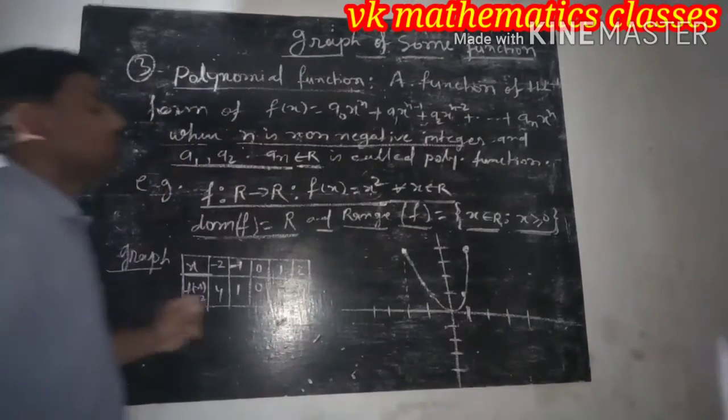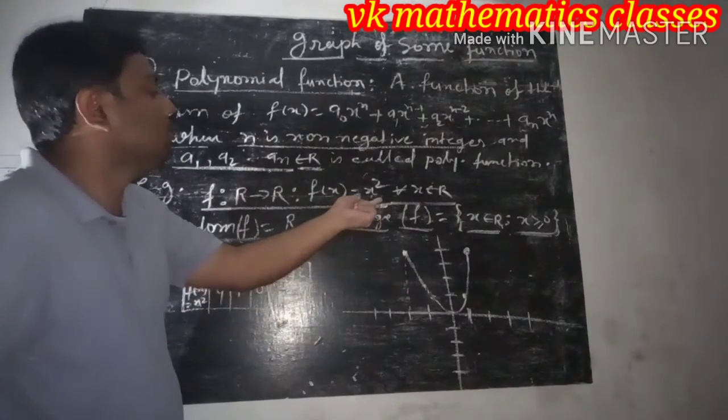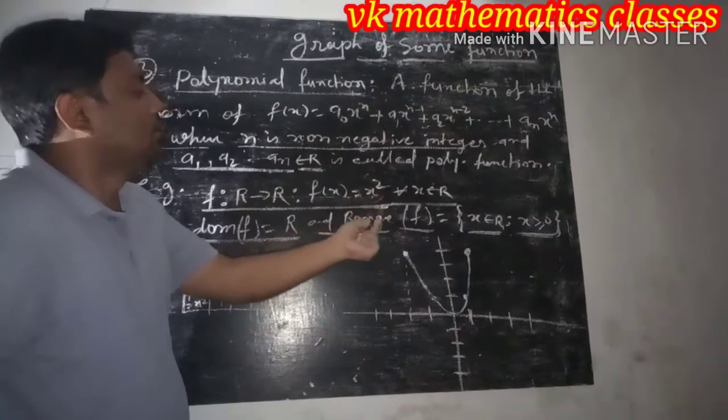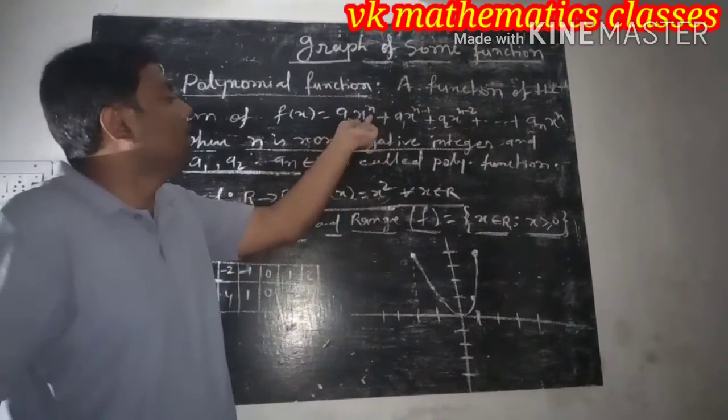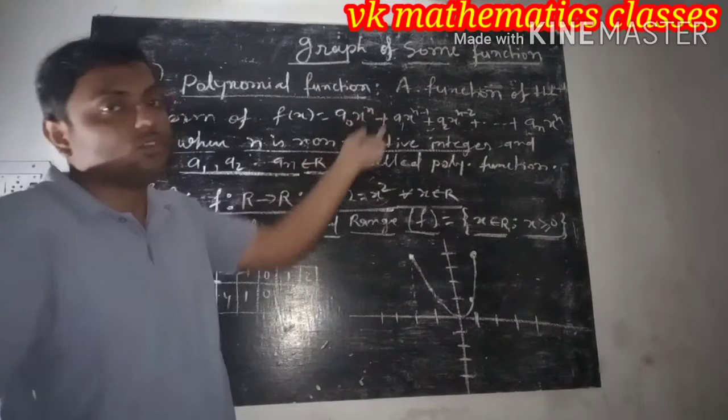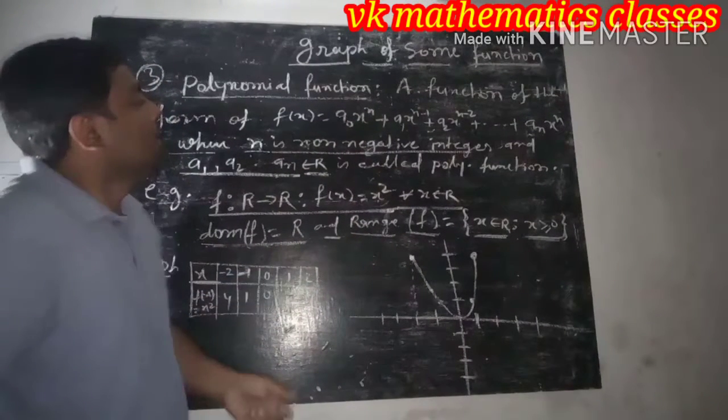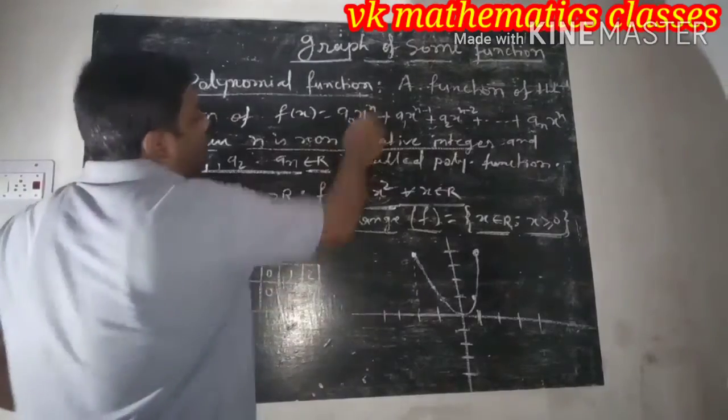Now plot the graph of this quadratic equation, because a variable of power 2 is called quadratic. If the variable has power 3, it is called cubic, and if the variable has power 1, it is linear.